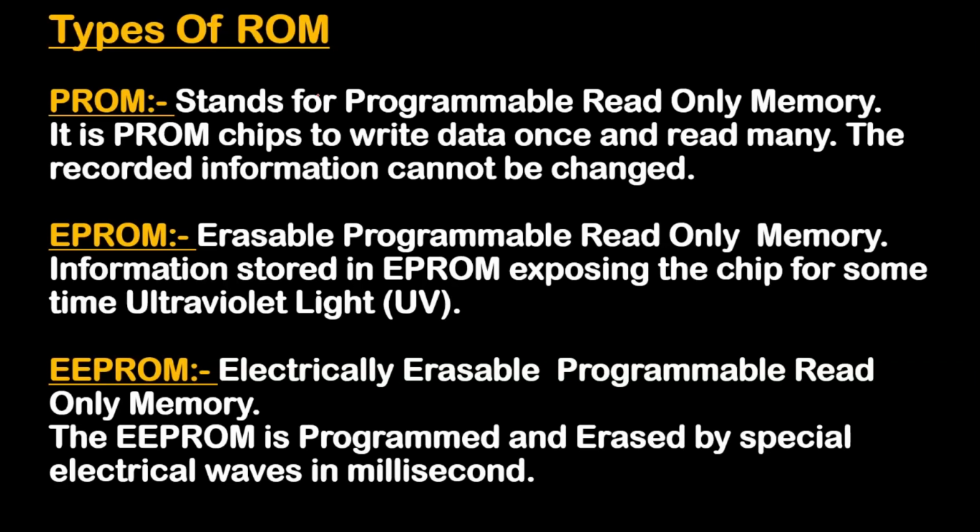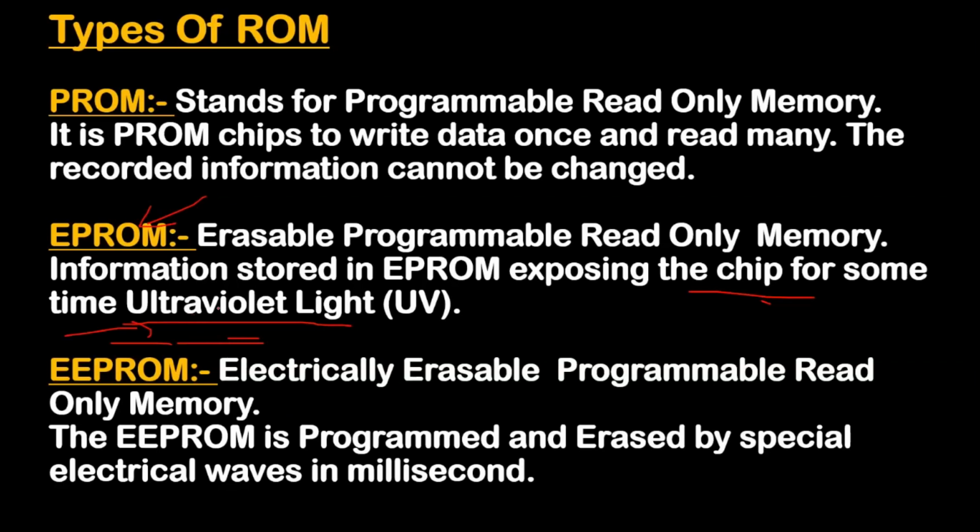That is PROM. But after that, EPROM comes. EPROM is erasable programmable read-only memory. That means it is erasable. The information stored in EPROM is erased by exposing the chip to ultraviolet light for some time. Means by using this ultraviolet light, you can change the BIOS on this type of ROM, EPROM. But for that, we need some machine for the ultraviolet light, because in our computer system that ultraviolet light is not available.